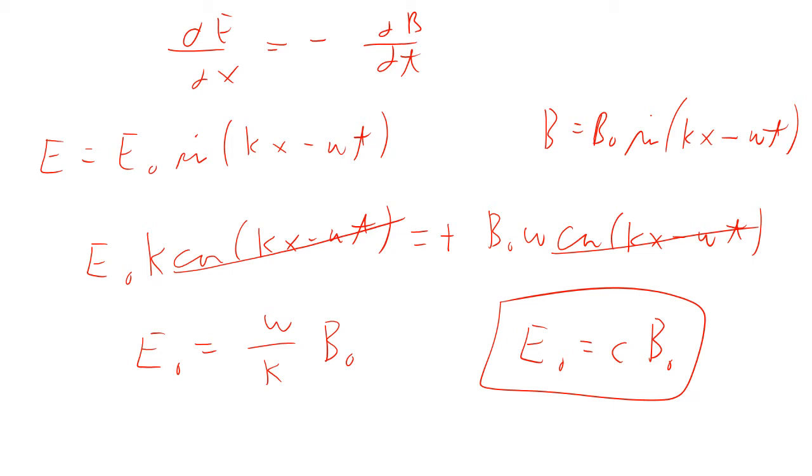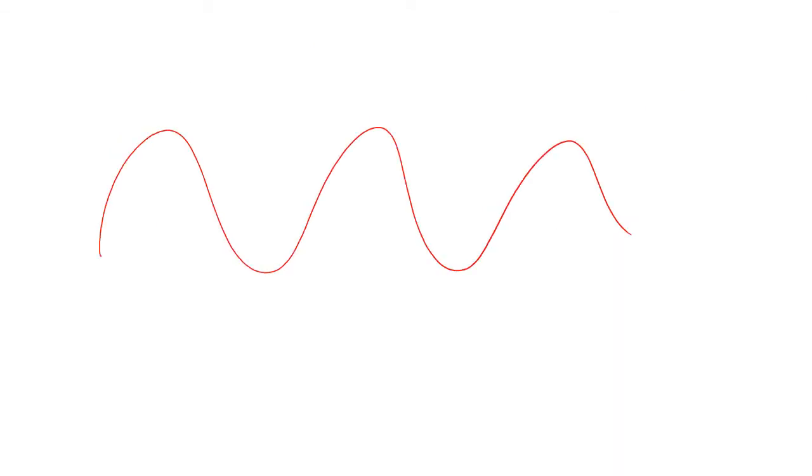And so what we can imagine is we have light, and the light might be an electric field, so we have an electric field like that, and so the electric field's up here, down here, up here, down here, up there. The magnetic field is perpendicular to that. So where the electric field is up, the magnetic field is out of the board. Where the electric field's down, the magnetic field is into the board.